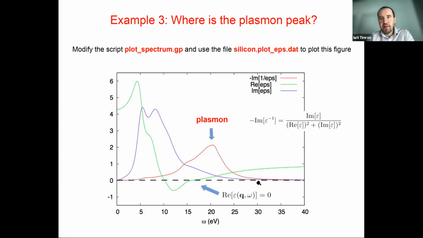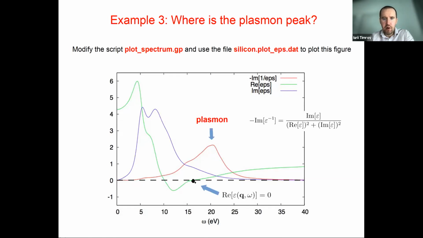So it is useful to plot also the real part of epsilon. Why? Because this helps us to identify where the plasmon is. The definition of the plasmon is that the peak in the red spectrum occurs at the energy where the real part of epsilon is 0 and the slope is positive.